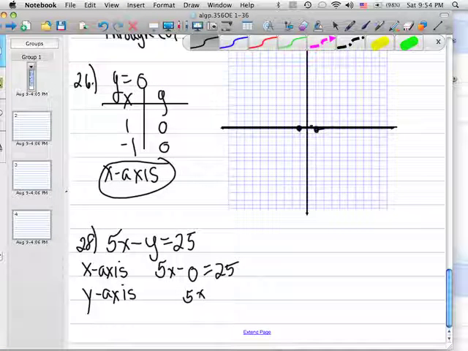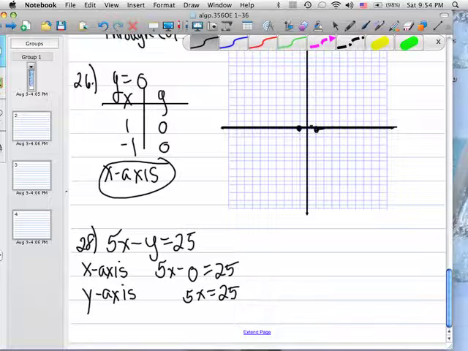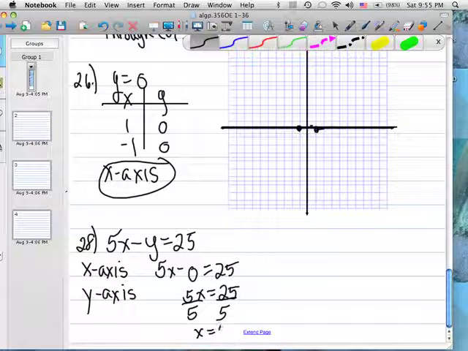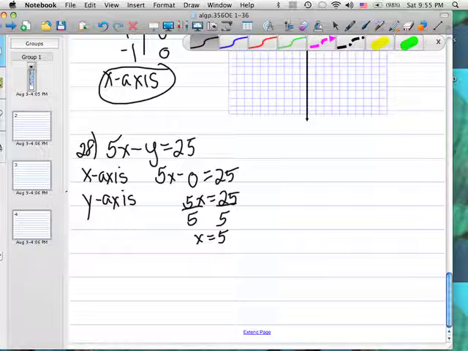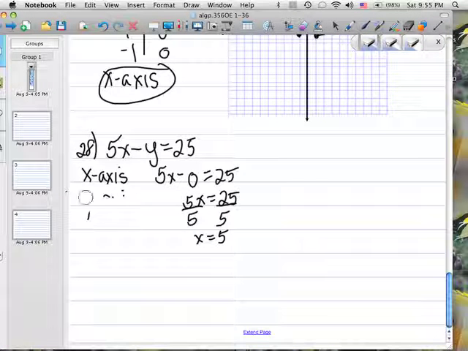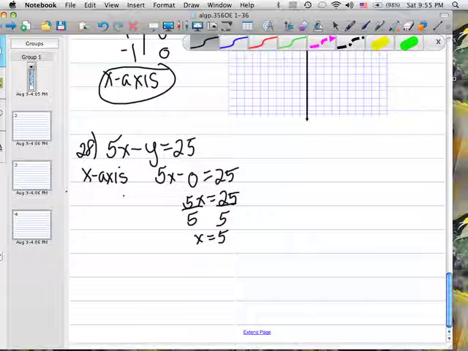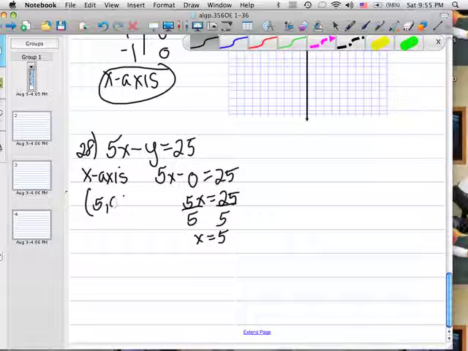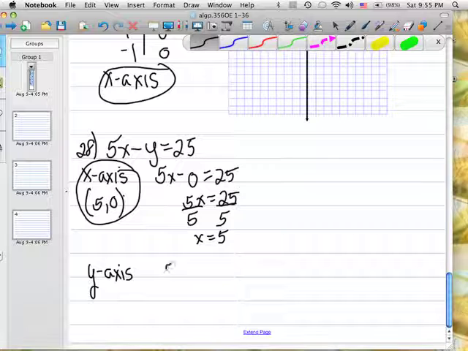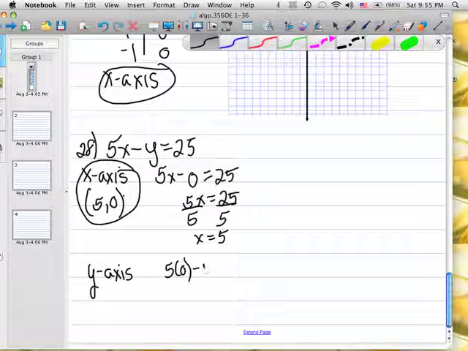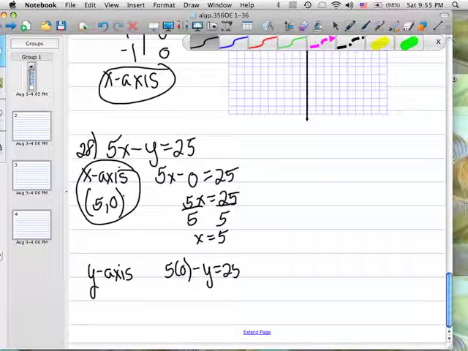So I get 5x equals 25. Divide by 5, and x equals 5. So it crosses the x-axis at 5, 0. If it crosses the y-axis, then x is 0. So 5 times 0, minus y equals 25.